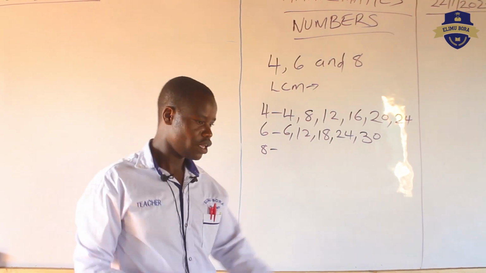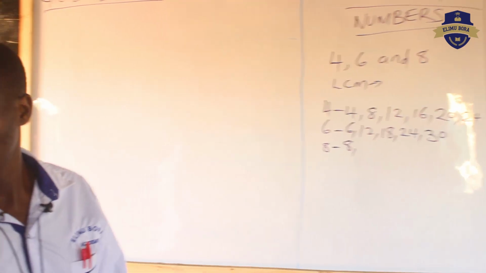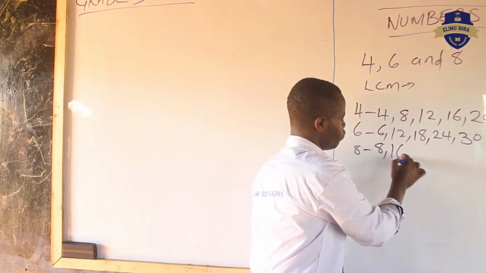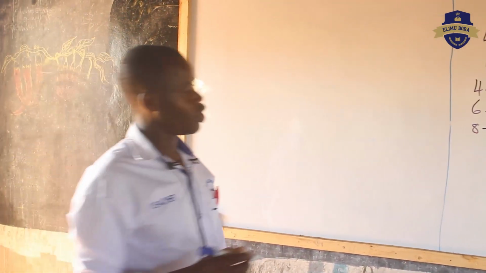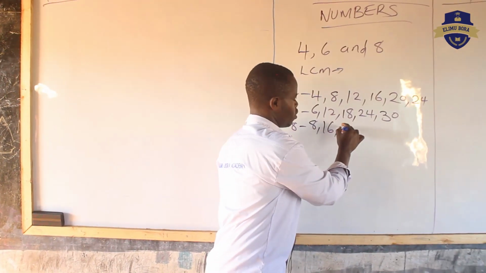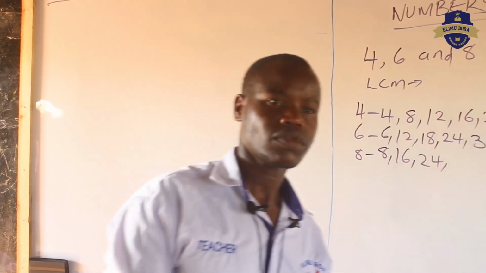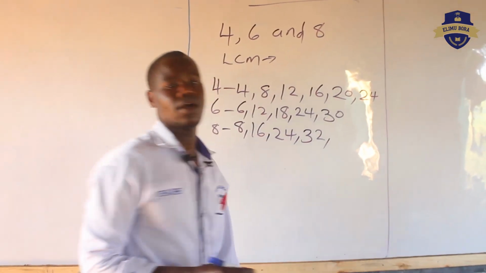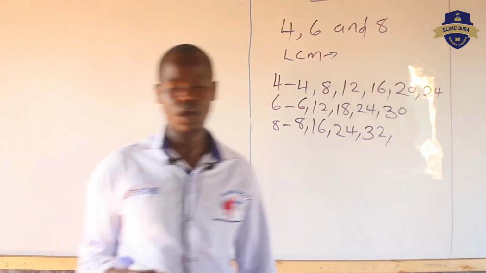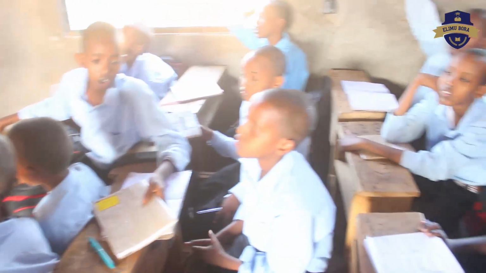You will have 8, then 16, then 24, then 32, and after 32 you will have 40, and so on.